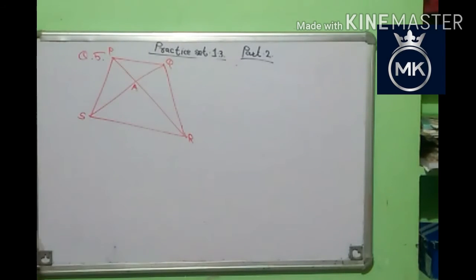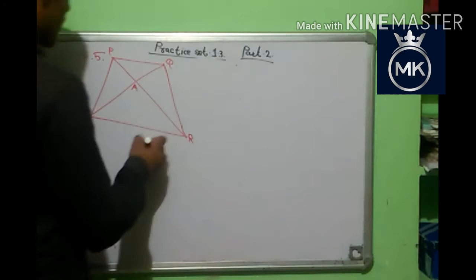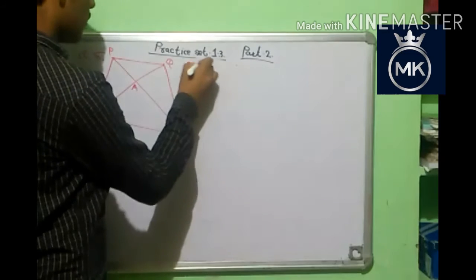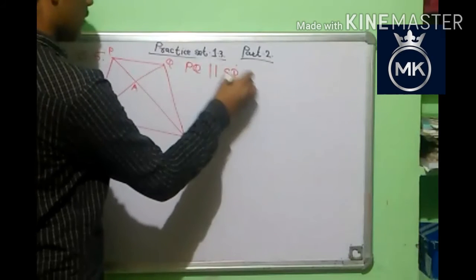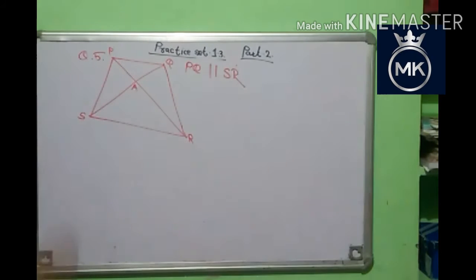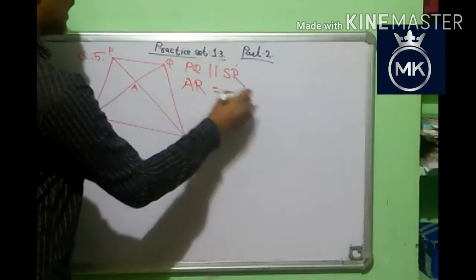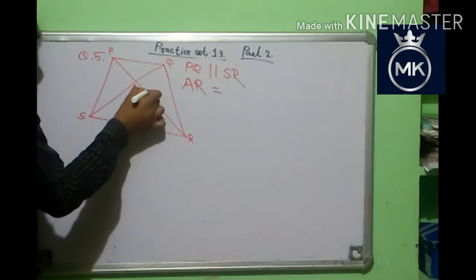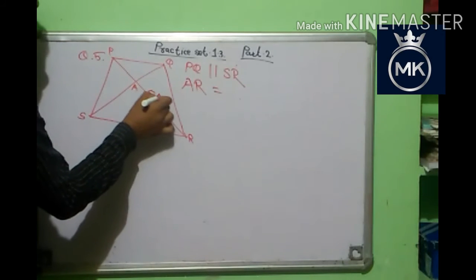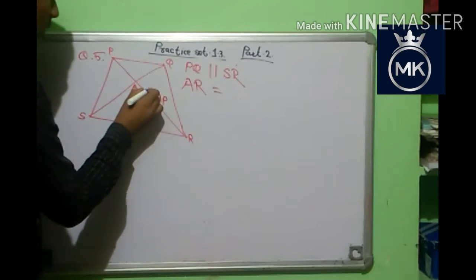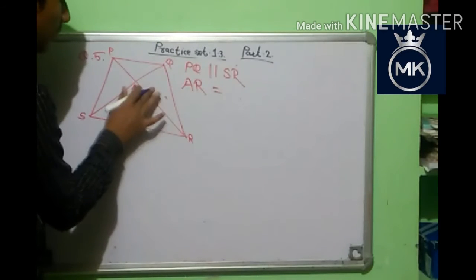Okay. So friends, in this question number 5 we are given that PQ is parallel to SR, and the value of AR is 5 times AP.